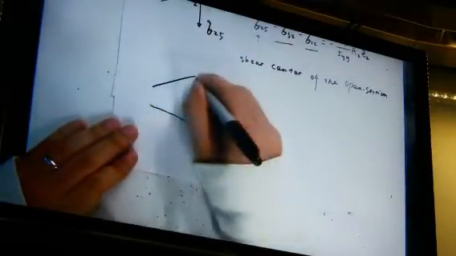Again, we use this one as an example. This is the open section.